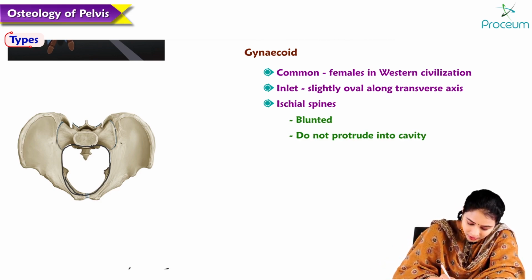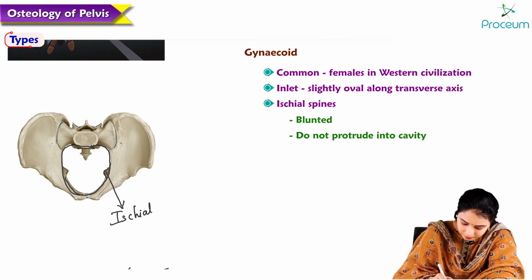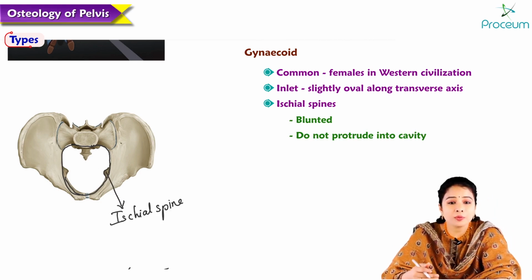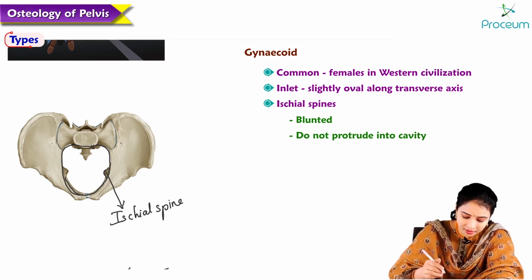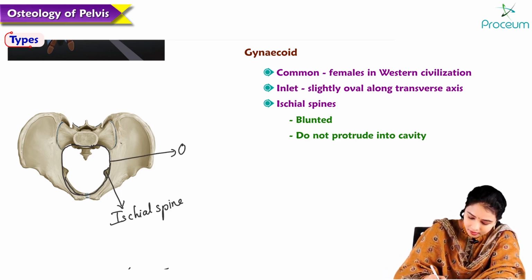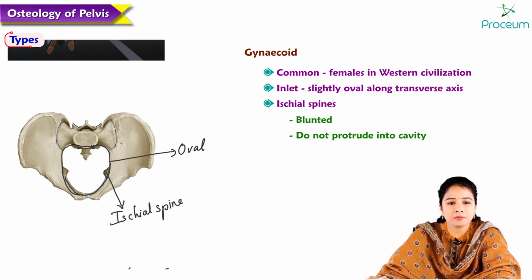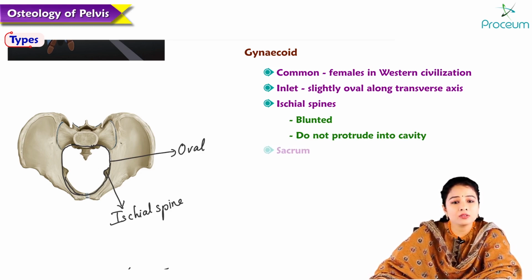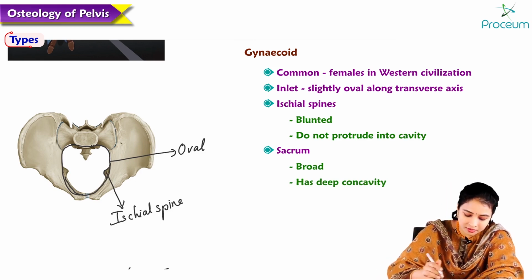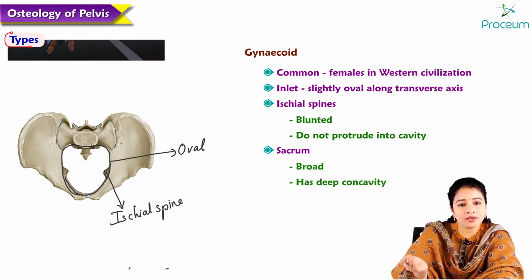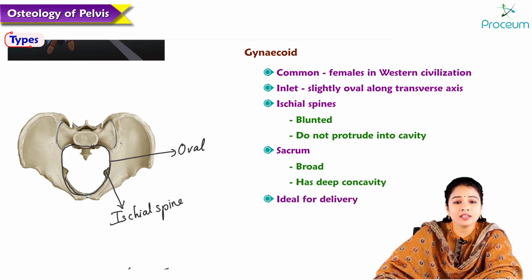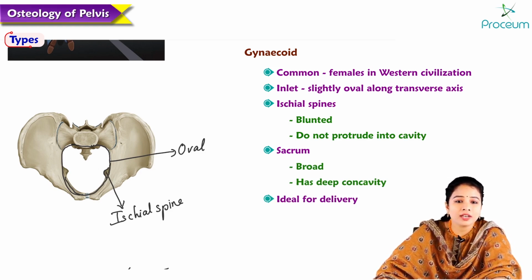So we can see blunt ischial spines which do not protrude into the pelvic cavity, and an oval-shaped pelvic inlet, and also the sacrum is broad and has a deep concavity. So the sacrum is broad and concave, which is ideal for delivery. So the gynecoid pelvis is the most ideal kind of pelvis for normal delivery.